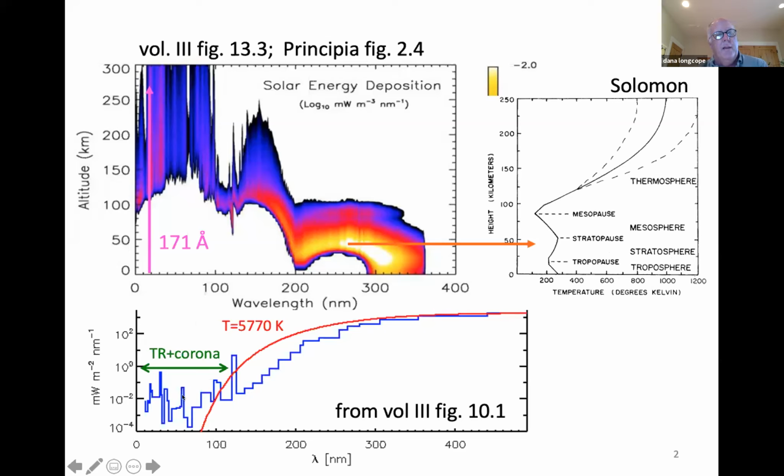And then the extreme ultraviolet and the X-rays are coming from the sun's transition region and corona, which are not at 5770 Kelvin, right? They're much hotter. So the amount of emission you get there is way above what a black body spectrum would produce. And that's what is being absorbed way high up in the 100, 150, 200 kilometer regime. So it's really about the energy deposition and the ionization it creates that answers the first question, the ionosphere.